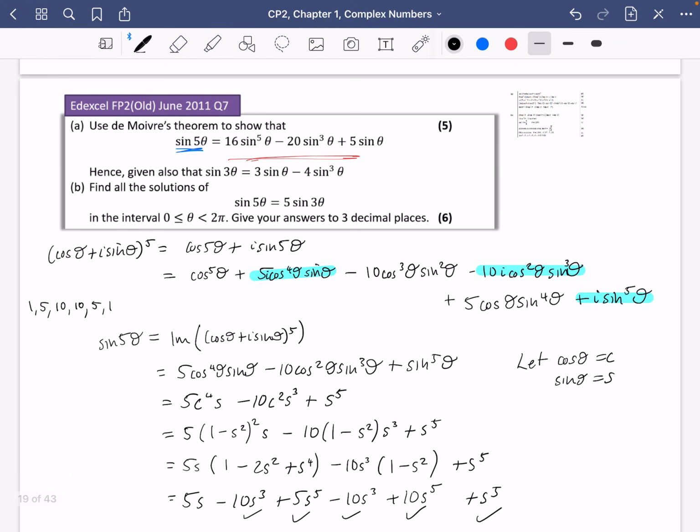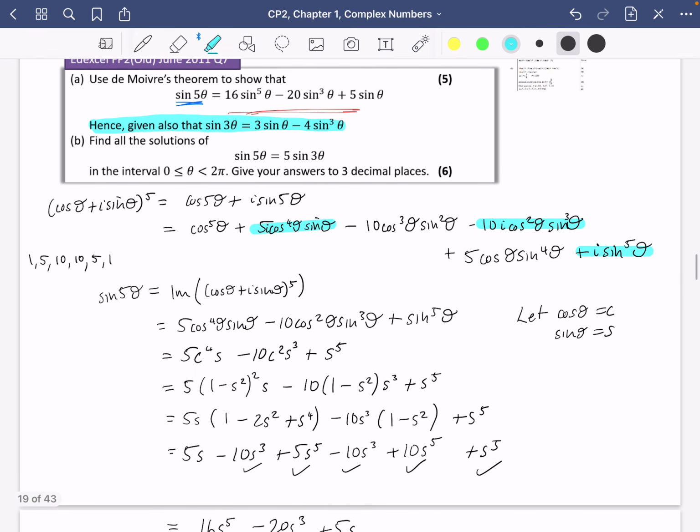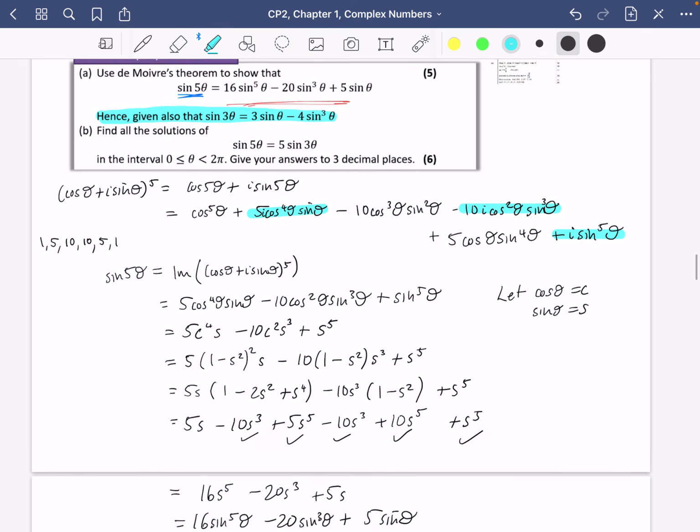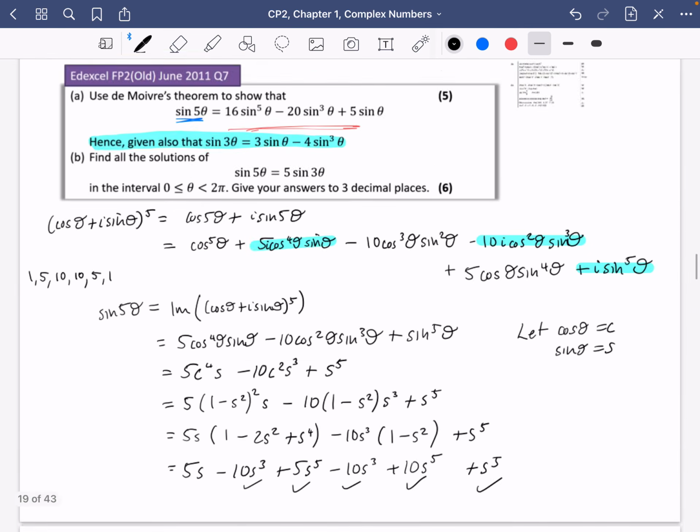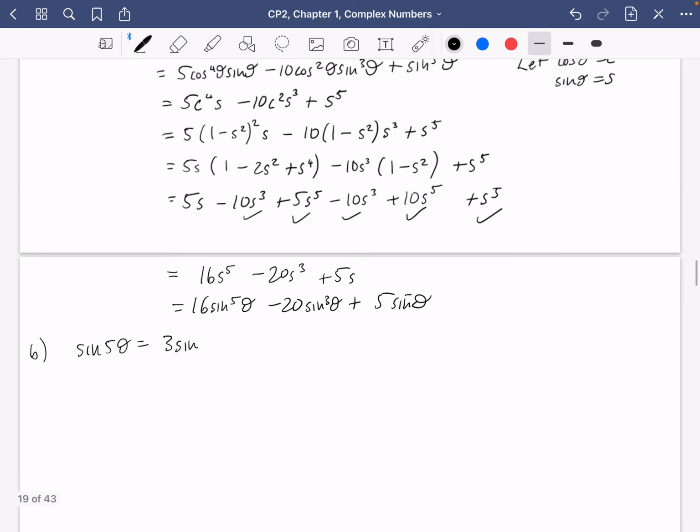Then we have been asked in part B, it says hence, also, given that this is true, find the solutions to this equation. Great. So we've got sine 5 theta equals 5 sine 3 theta. Let's just write that down for part B. Sine 5 theta equals 5 sine 3 theta.